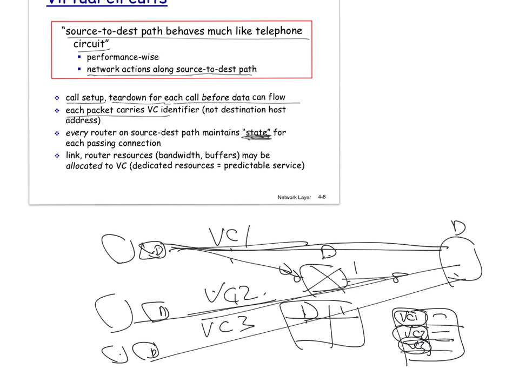And there was a big fight. Of course, maybe you didn't live through that time when there was a big fight between ATM and IP. That was way in the past. But of course, IP was dominant, and ATM just died.